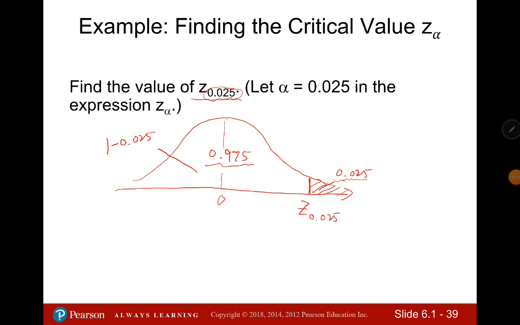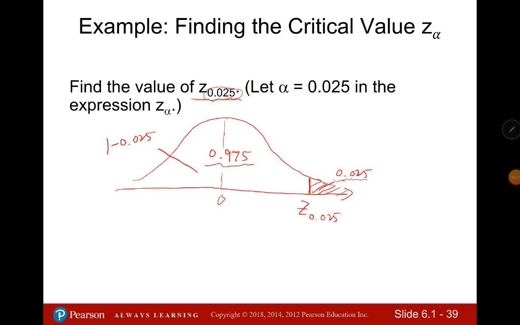Again, you check the body. Do not check the margins. Margins are Z-scores. 0.975 is the area. The body is area. So we find which one is closest to 0.975. We find a value exactly equal to 0.9750.